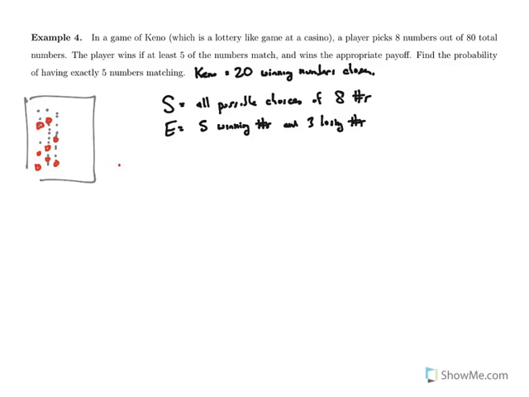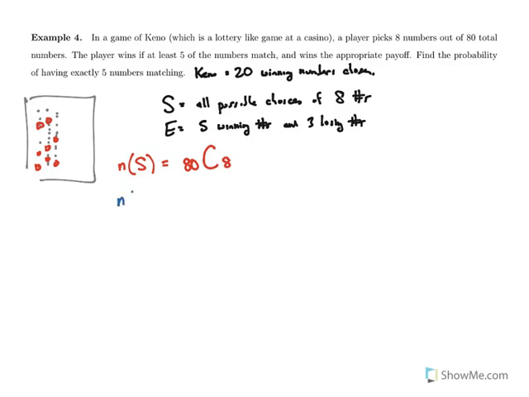So first of all, let's talk about the size of S. All the ways to choose 8 numbers is going to be a combination. The order doesn't matter. We're going to have without replacement, can't choose the same number twice. This is going to be 80 choose 8.